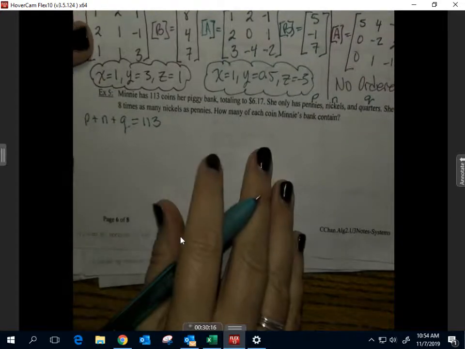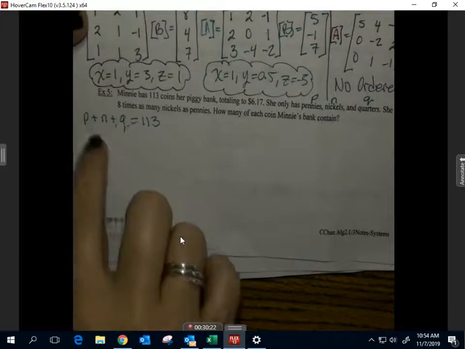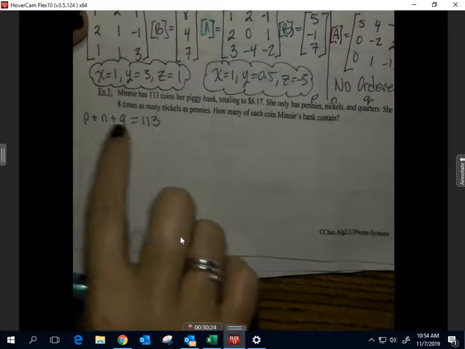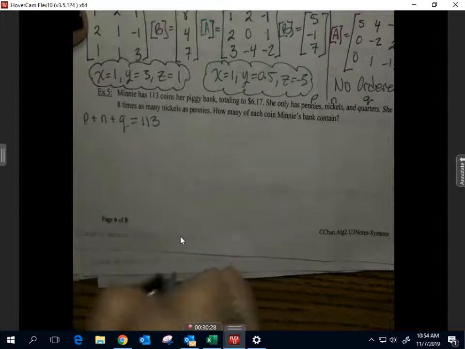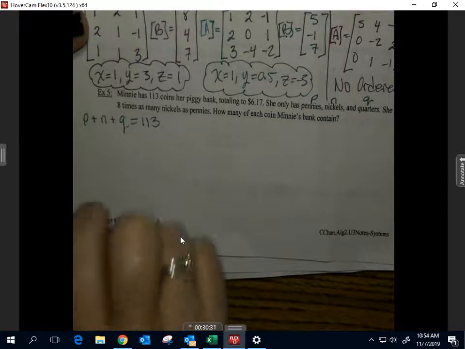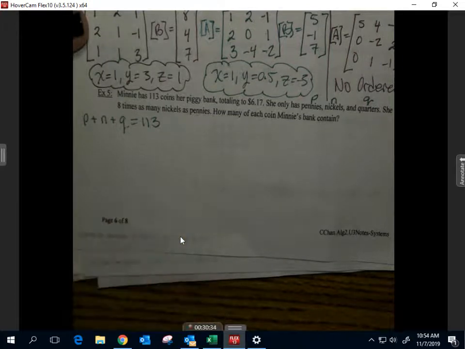Sorry guys. Then it says they total $6.17. What can I do to this equation here to make it say equals $6.17? What would you do to each variable? We're talking about a value, right?